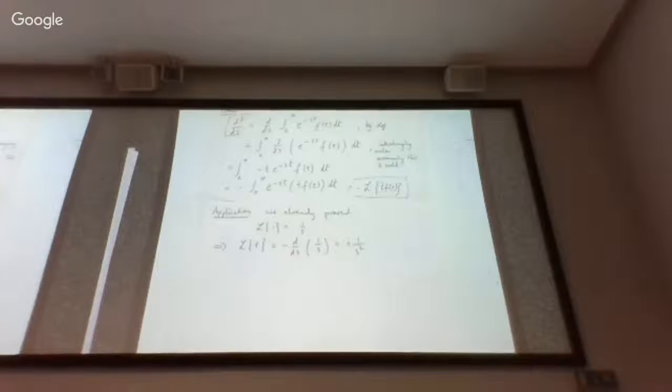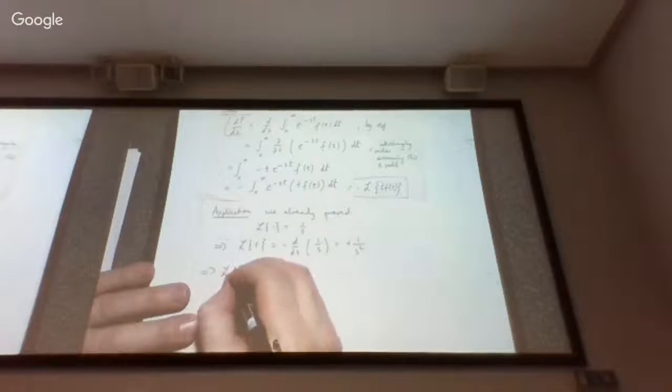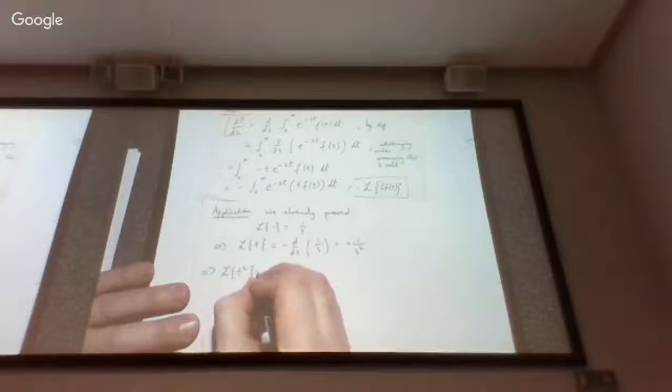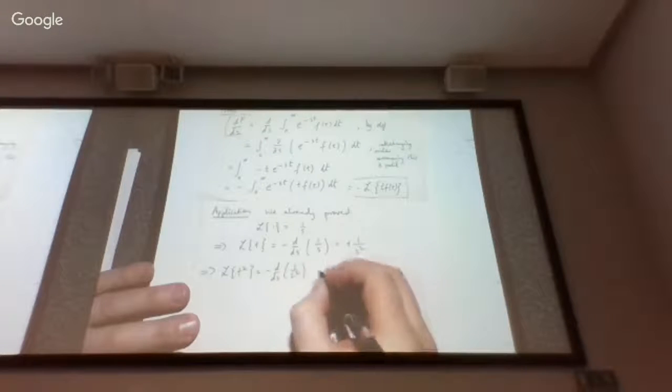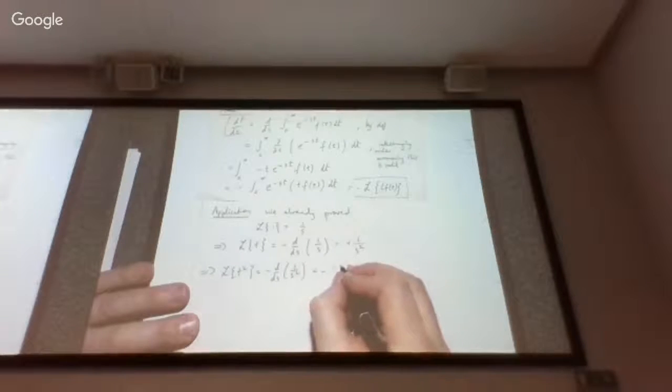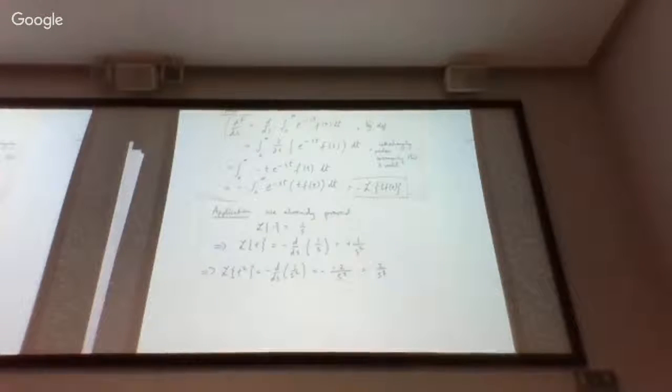And by extension, using induction really, we can apply this to any power of t. So that's going to imply that the Laplace transform of t squared is minus d/ds of 1 over s squared, and that's going to be 2 over s cubed.